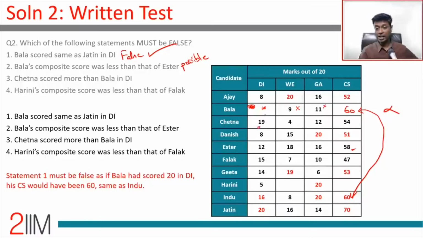Could Bala have scored 18 or 17 or 16? Again, possible. Harini's composite score was less than that of Falak. Falak's is 47. 5 into 2, 10. 10 plus 20, 30. Between 13 or 14, yeah, possible. The only thing that must have been false is the first one.